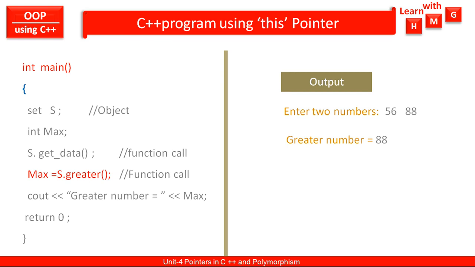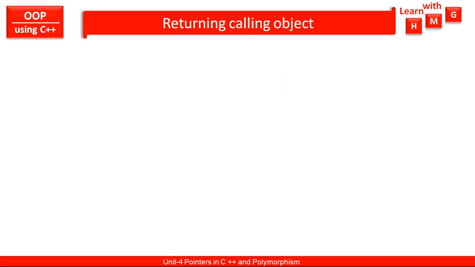Like this is a simple C++ program using this pointer, which is used to access data members within the member function.